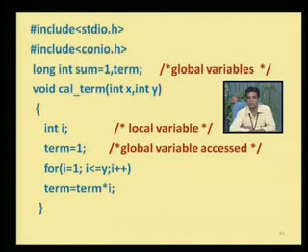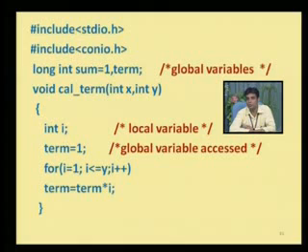Then term equals term into i. What happens here is that i starts from 1 up to the value of y. What is the value of y? We already defined in the call_term function the variables int x and int y. If y equals 4, then my loop will execute from 1 up to 4.